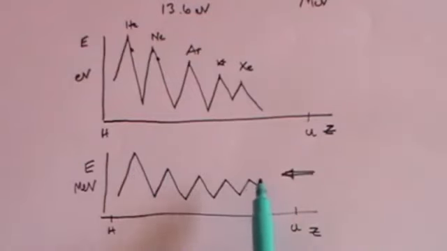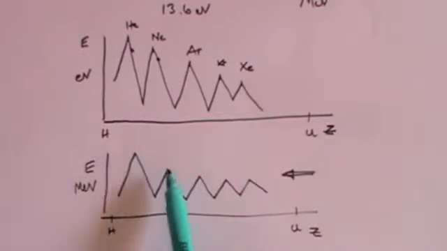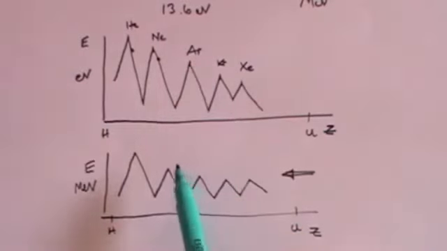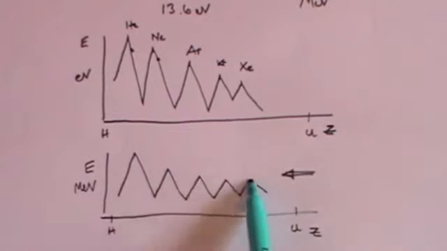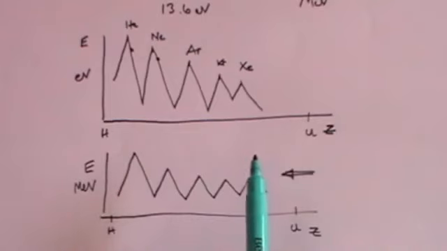Nonetheless, it is the experimental result that if you want to eject protons or neutrons from a nucleus, then depending on what nucleus it is, all the way from hydrogen up to uranium, the fact that you get peaks of energy suggests that maybe the neutrons and protons in a nucleus are being held in shells, rather like electrons are, and that when those shells are complete, then just as with electrons, you need significantly more energy to get a proton or a neutron out of a complete shell than you do if the shell is incomplete.